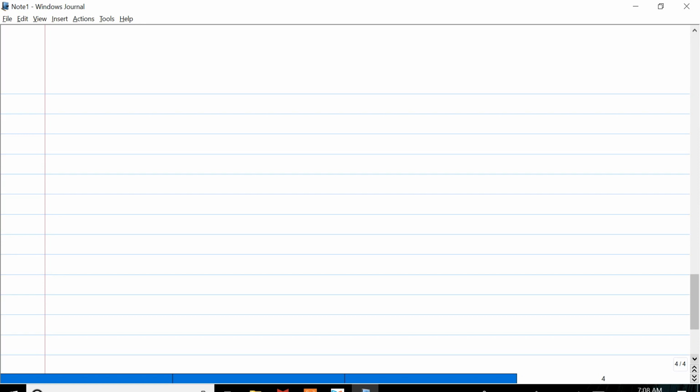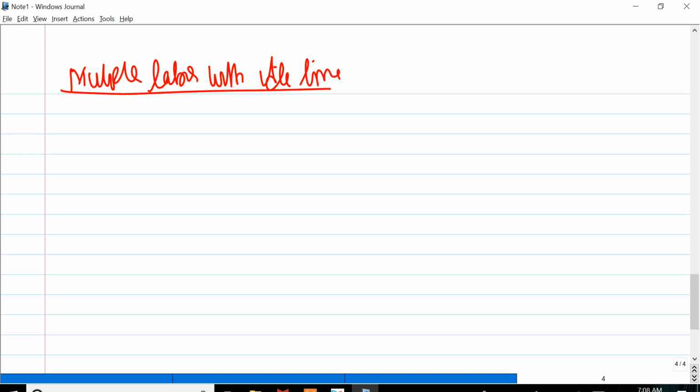The last scenario for labor is multiple labor. All scenarios are pretty simple if you understand what we did in material variances part 1. This side we have SR, AR, SH, AH.